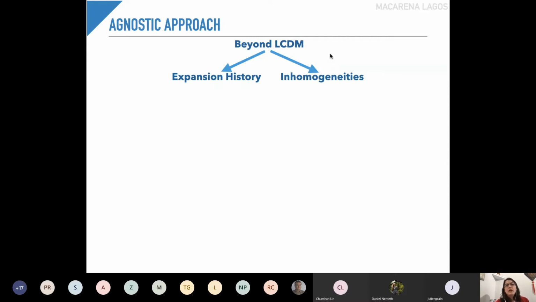Beyond the LCDM model, these new modified gravity or new cosmological models could change, for example, the expansion history of the universe and/or the evolution of inhomogeneities, like large-scale structures. It turns out that many specific models that people have studied do predict an expansion history very similar to the LCDM model, sometimes exactly the same.